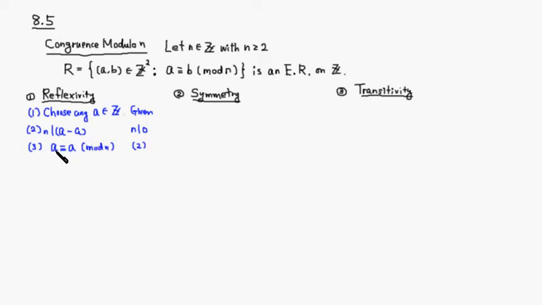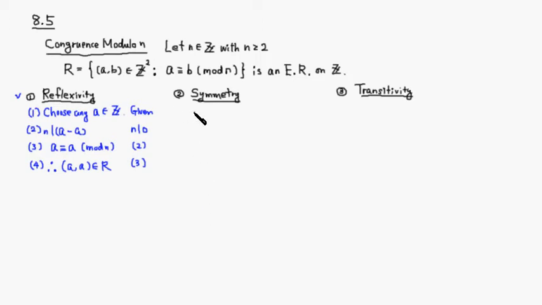Since a is congruent to a mod n, the conclusion is that by the definition of this relation, a is related to a by this relation R. That comes from line number 3. So this verifies that it is reflexive.